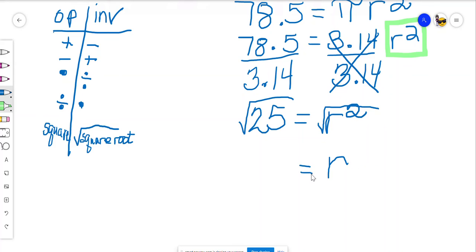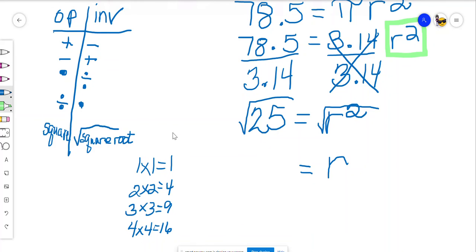And the square root of 25, square root means a number times itself that would give you 25. Well, let's think about it. 1 times 1 equals 1. 2 times 2 equals 4. 3 times 3 equals 9. 4 times 4 equals 16.